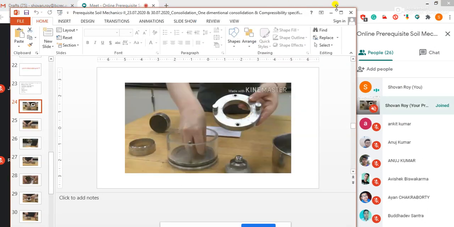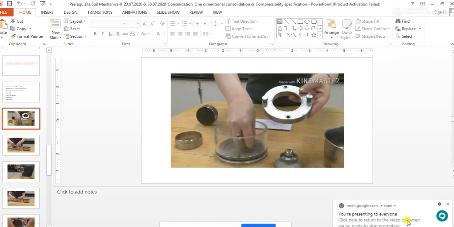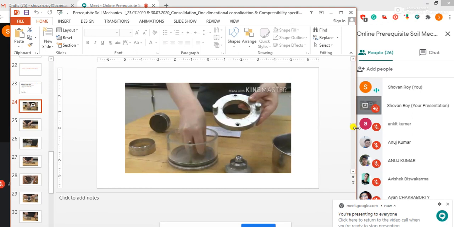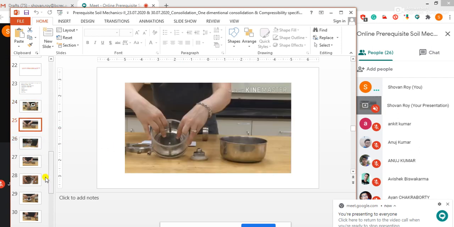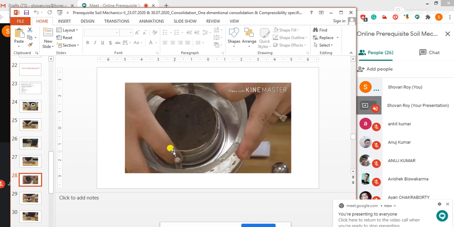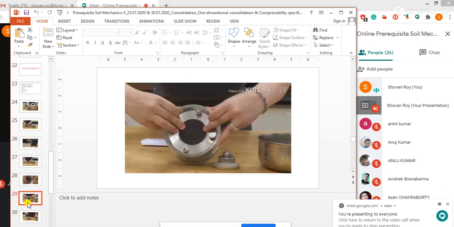In our last classes, we have seen one test video, that is the consolidation test. In this test you have seen the preparation of the specimen, and how to set this specimen into this cylindrical mold.